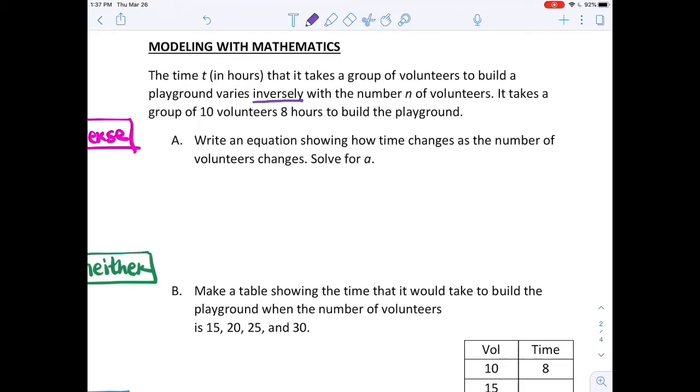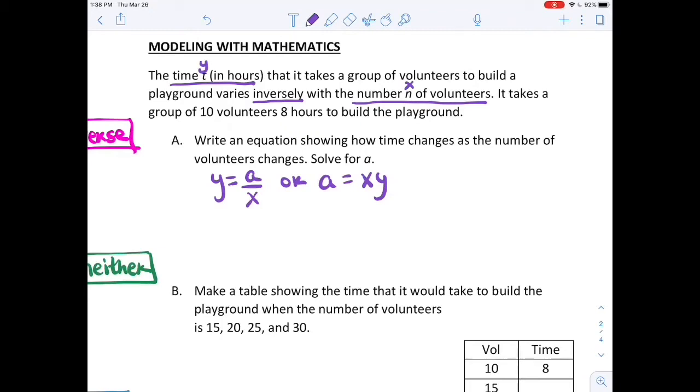We have Y is equal to A over X, or A is equal to X times Y. However, in this particular example, we are using T and N, the number N for number of volunteers. So our X value is N, our Y value is going to be substituted with T.